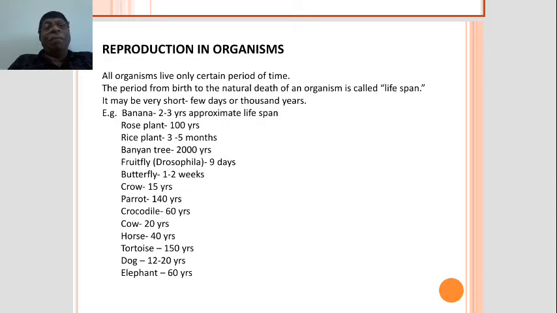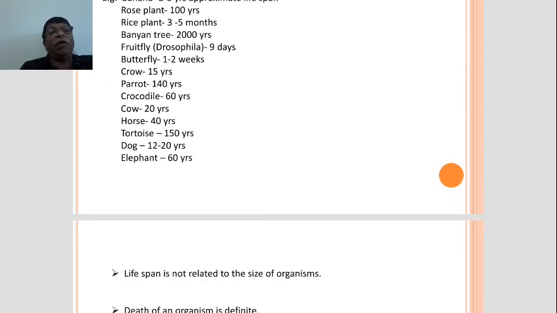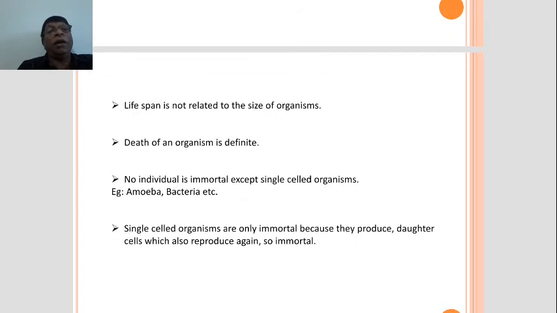It is the approximate age. Okay. That's all about the approximate lifespan of some animals.